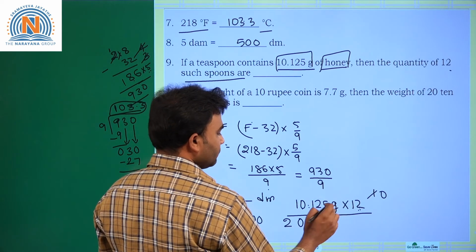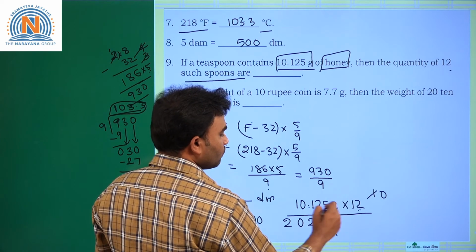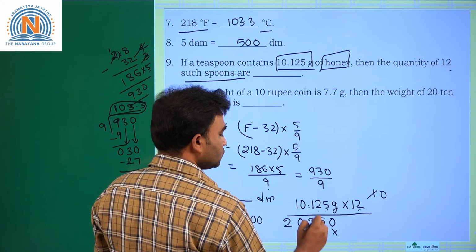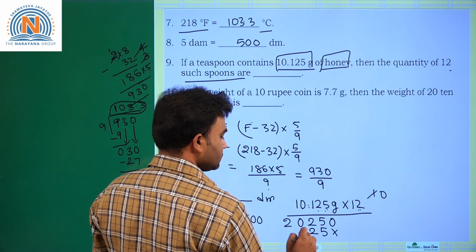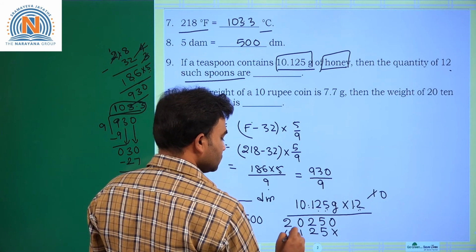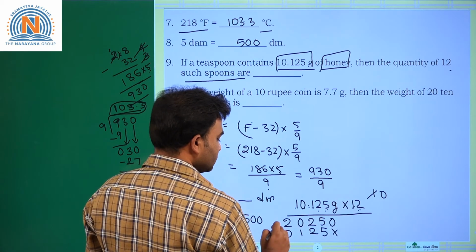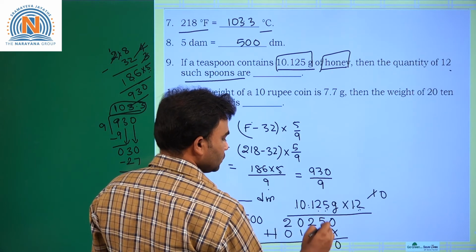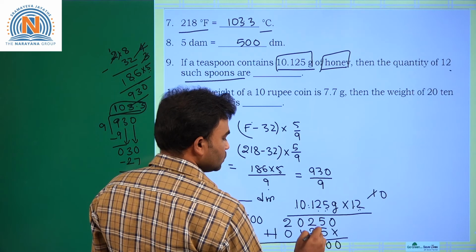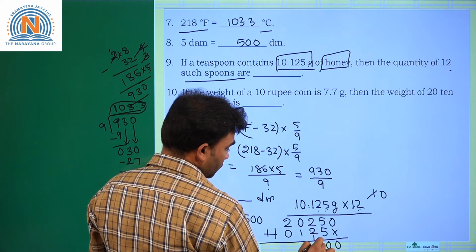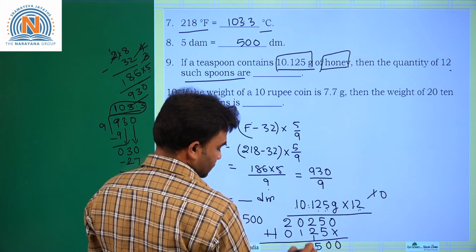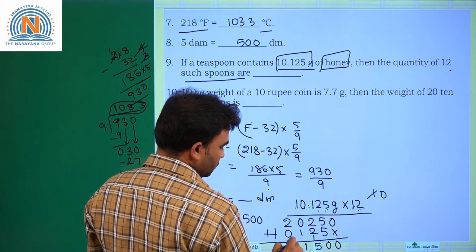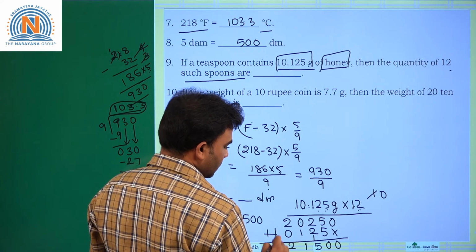Now again 1 with 5. 1 5s 5, 1 2s 2, 1 1s 1, 1 zeros 0, 1 1s 1. So the answer, add both the numbers, 0, 5 plus 5 is 10, 2 plus 2 4 plus 1 5, 0 plus 1 is 1, 2 plus 0 is 2 and 1.